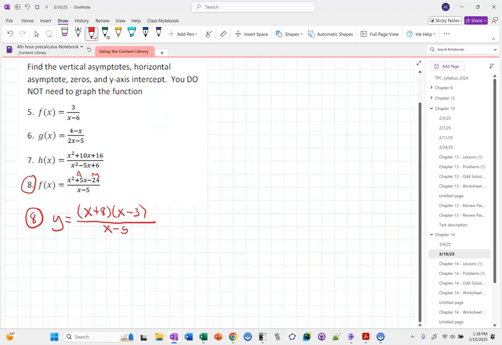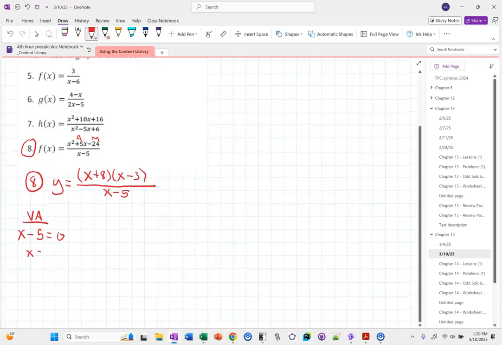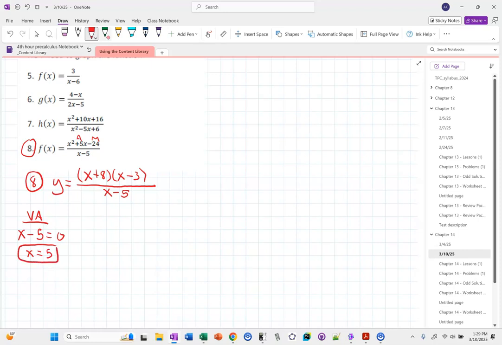Okay, so let's find the vertical asymptotes first. How do I find the vertical asymptotes? I set the denominator equal to 0 since there's no reducing to do. And then maybe we'll find the x-intercepts next.